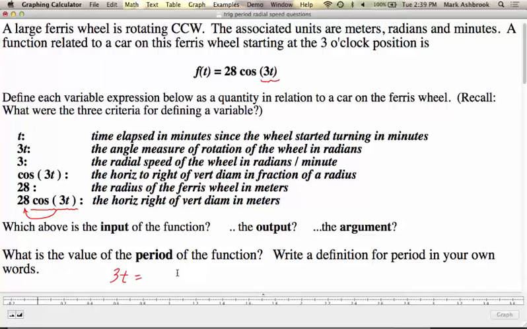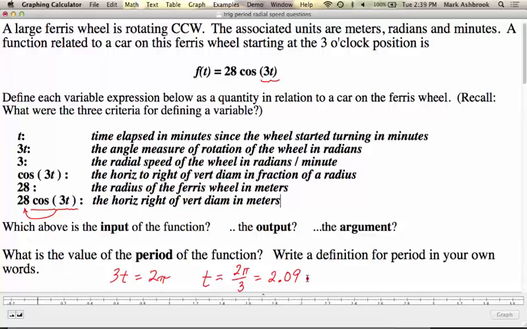When 3t, which is the angle, reaches 2 pi, we'll have a full cycle of output values. Do you see it? That's an important kind of reasoning to have. So I'm going to take 3t and make it 2 pi. So therefore the period is 2 pi over 3.